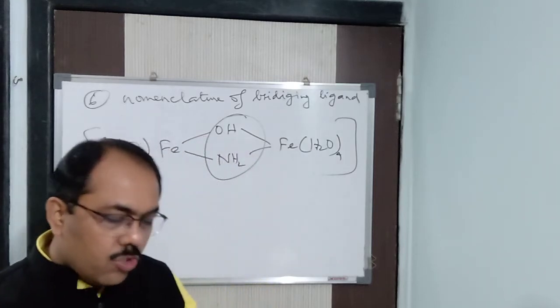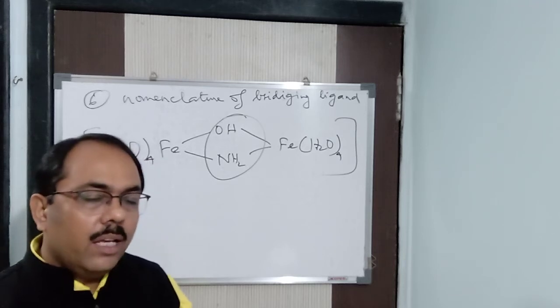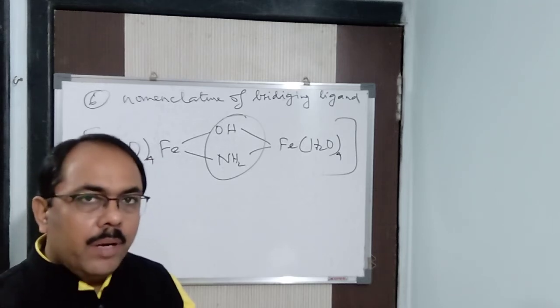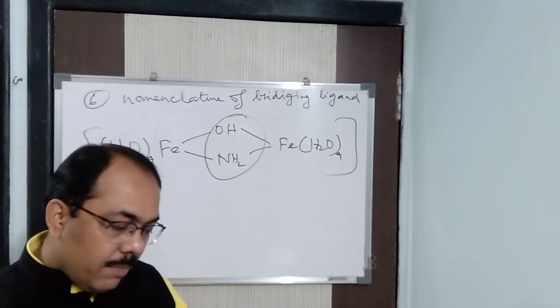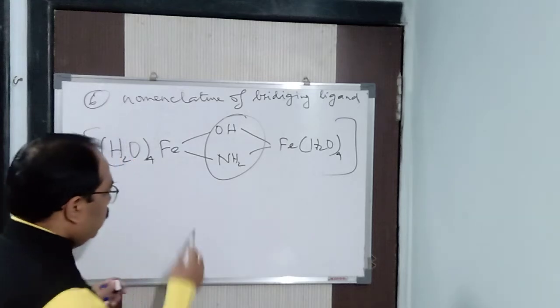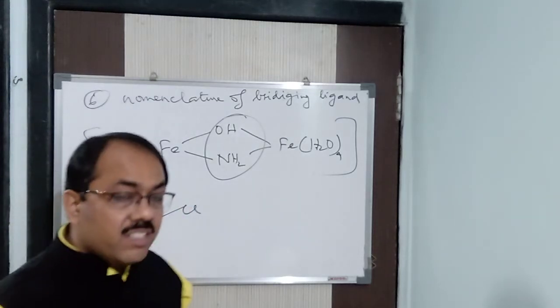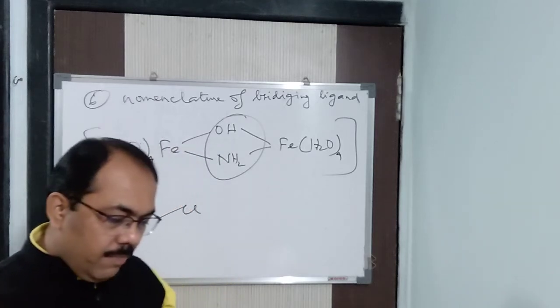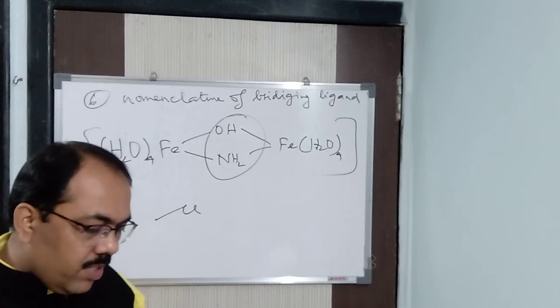Now, how should you write the name of the bridging ligands? Write down. A bridging ligand is indicated by adding the prefix mu before the name of the ligand.